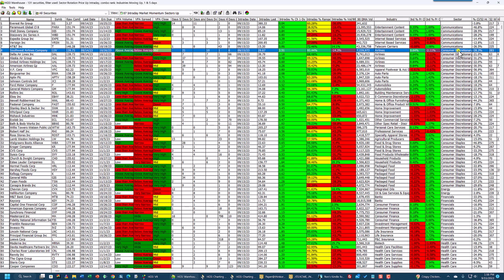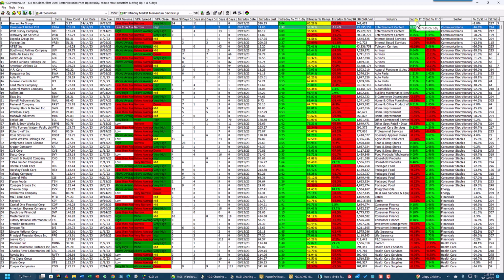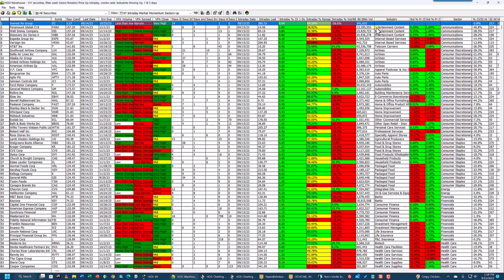So what that does, it sorts like this. I can see the sectors that are up and the stocks within those sectors that are up, and by rebuilding the industry groups, and here's a stock that's evidently not in a group, and I'll take care of that the next time I update the groups.